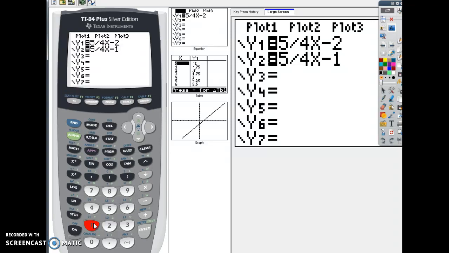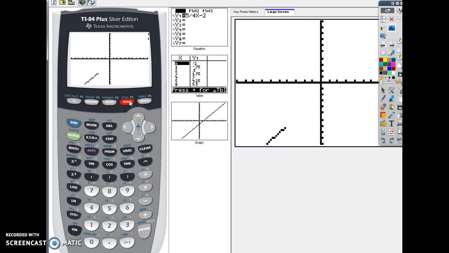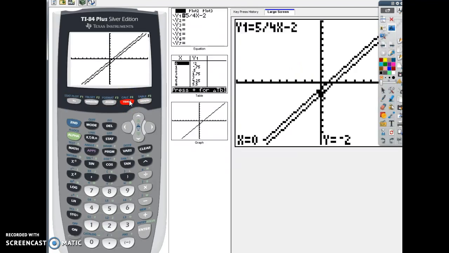What do you notice about this? They both have 5 over 4. And what is 5 over 4? Is this the slope or the y-intercept? It's the slope. So both of these are going to have the same slope. So when you hit trace, they should both have the same slope. They're both going the same way. Are they ever going to intersect? No, they're never going to intersect. So that means that they're going to have no solution.